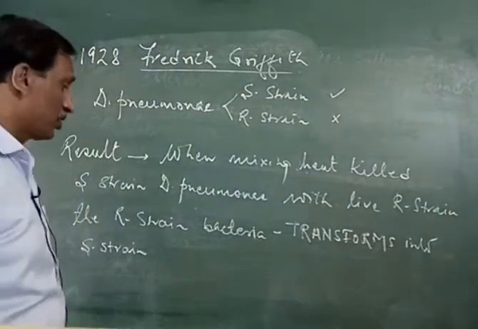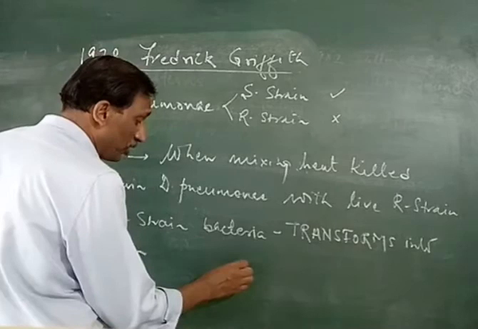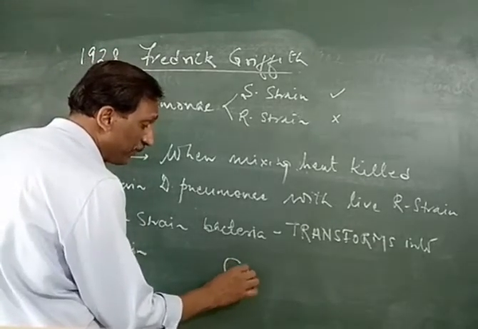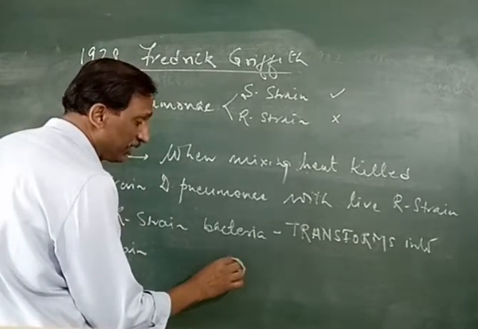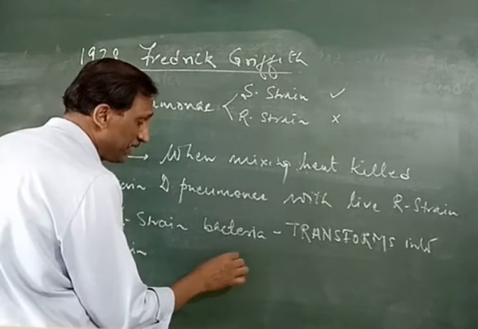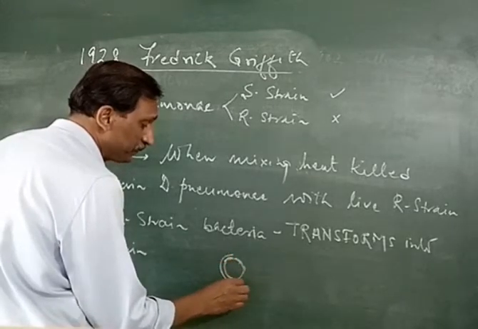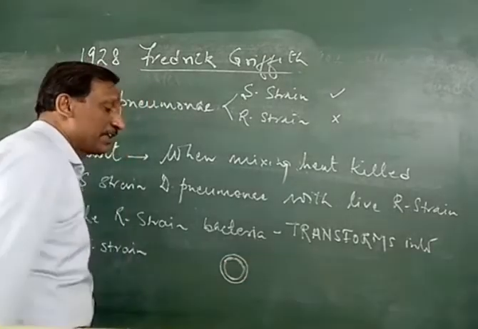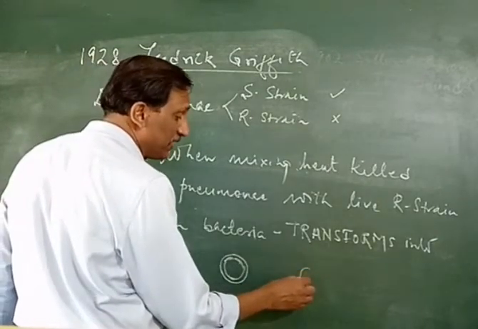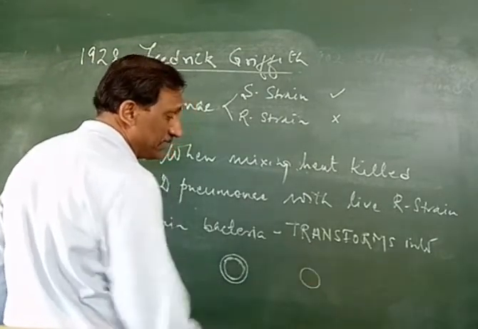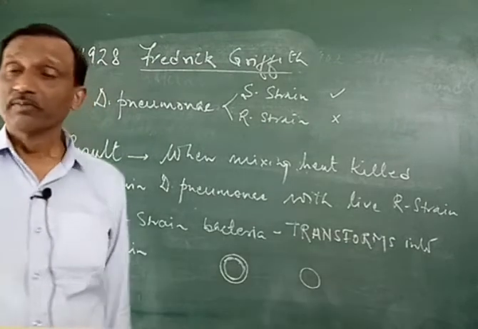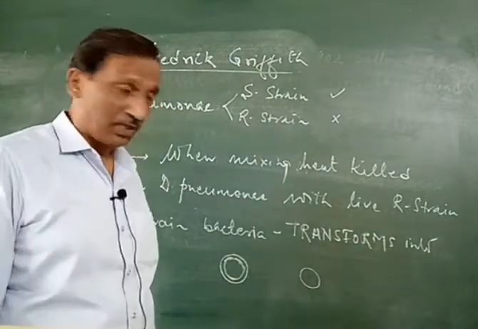From later study we also got to know that the S strain has a capsule. The bacteria has a capsule around it. This is a bacteria, for example, and it has a capsule, and the rough strain does not have that capsule. The bacteria is there, but it does not have a capsule around it.